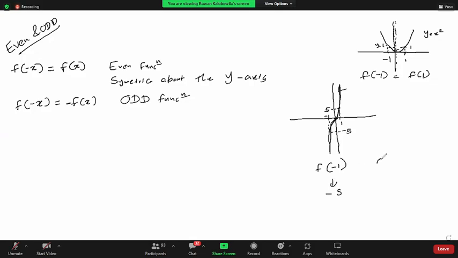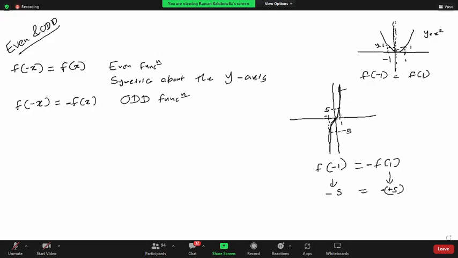Let's take f(1). f(1) is positive, that means +5. If you take the minus value of this plus value, these are equal, because this kind of function is an odd function. This has a symmetry, but you can see the symmetry happens about the origin.